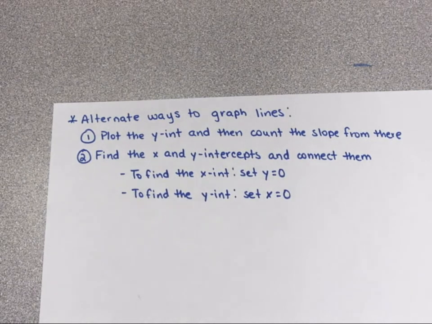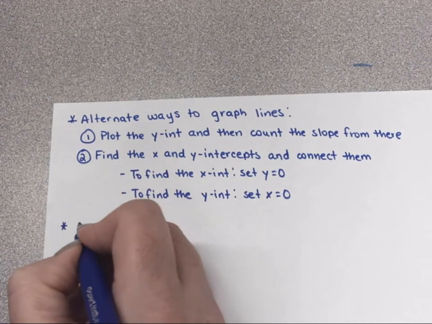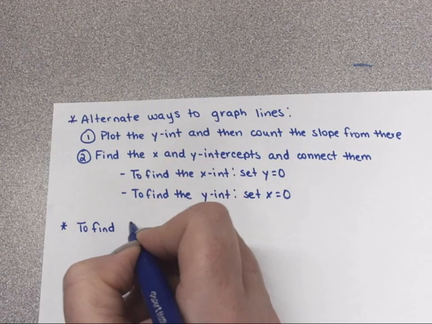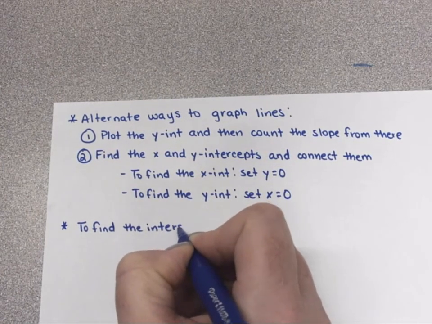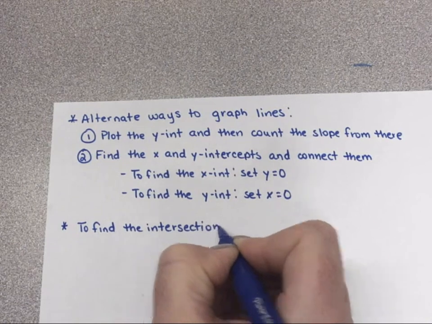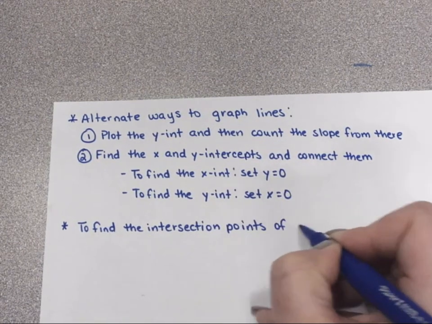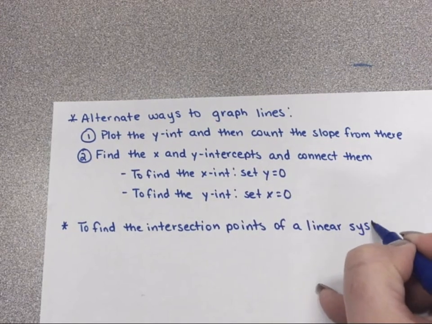So the biggest issue with these graphs that are going to have larger numbers is we also are going to want to know where the intersection points of multiple lines are. So to find the intersection points of a linear system, we already did this all the way back in Unit 1.